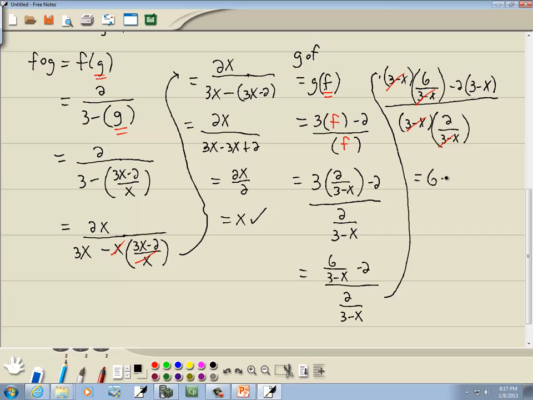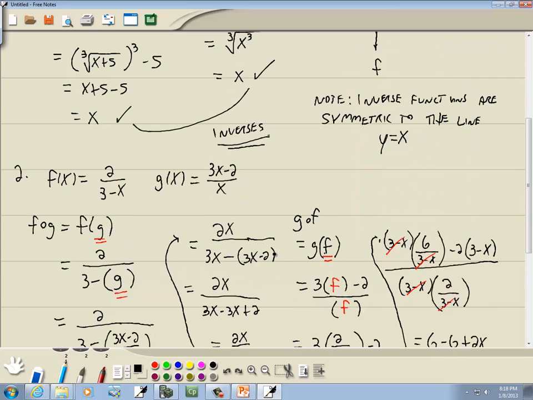Negative 2 times 3 is negative 6. Negative 2 times negative x is positive 2x over 2. 6 minus 6 drops away, and we've got 2x over 2. The 2's cancel, and we've got x. So they're both equal to x, and if they're both equal to x once you find the composition, that means they're inverses.